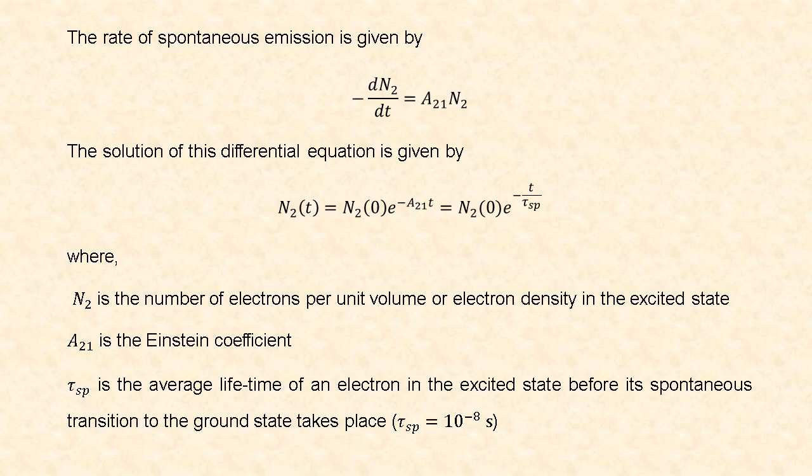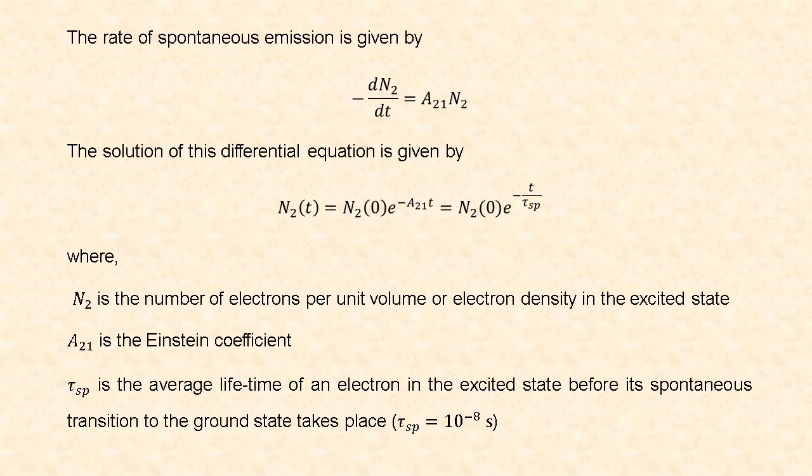Here N2 is the electrons per unit volume, or electron density, in the excited state, that is the higher energy level. The solution of this differential equation is given by N2(t) equal to N2(0), that is the electron density at zero time, times e to the power minus A21 × t.